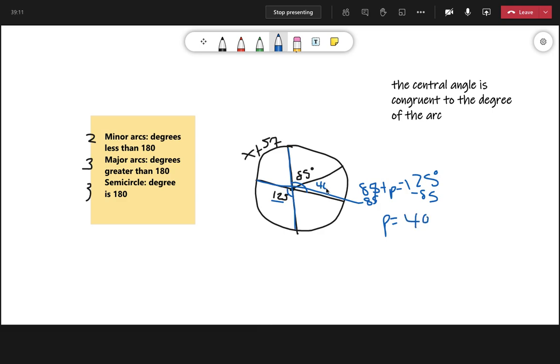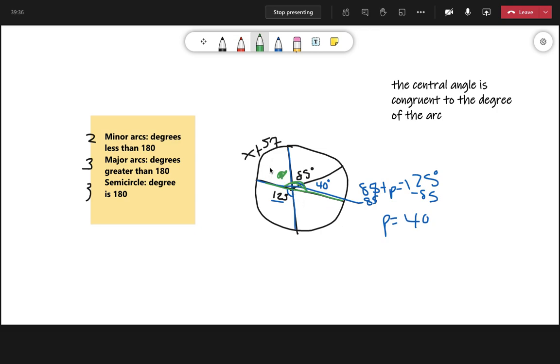And you're asking me, why are we doing this? Well, we need to figure out this section here. If we figure out this section, we can solve for x. We know this is a semicircle because this line right here is the diameter, meaning all three of these angles have to add up to 180 degrees.